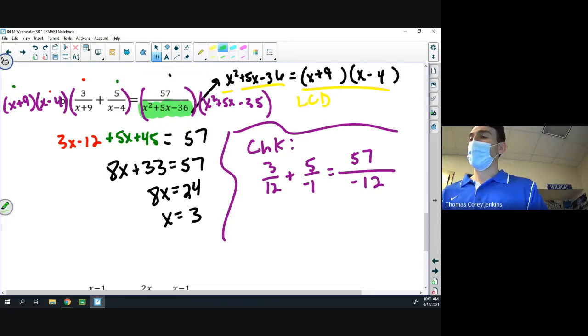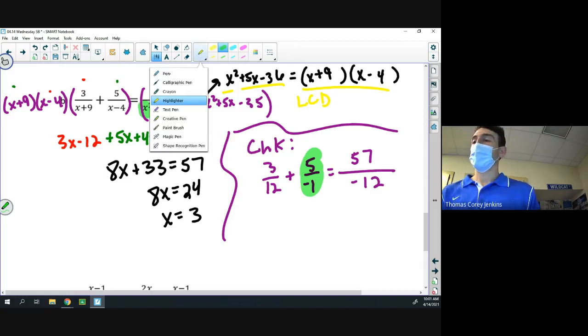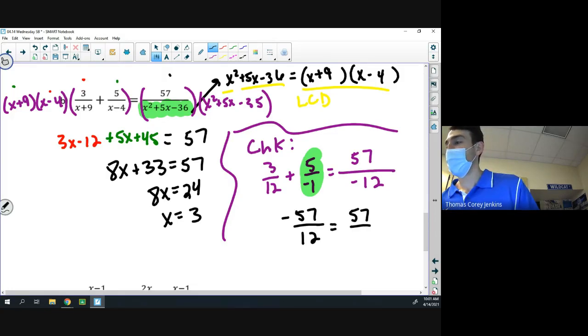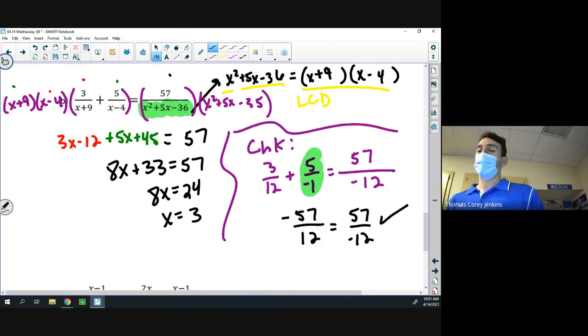I don't want to get too into the weeds here, but if we look at that as over 12, that'd be like negative 60 over 12, right? So negative 60 plus 3 would be negative 57. Right? So those are going to be equivalent, and we can tell that x equals 3 is, in fact, a valid solution. Okay?